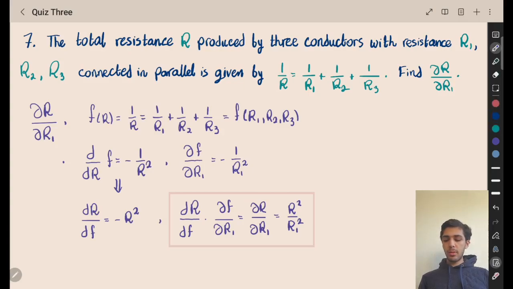Now perhaps this requires some justification. Maybe I need to say a few words on why this works. The simple reason why this works is because these two are equal. The partial derivative of a function in one variable with respect to that variable is just a total derivative because there's only one variable.